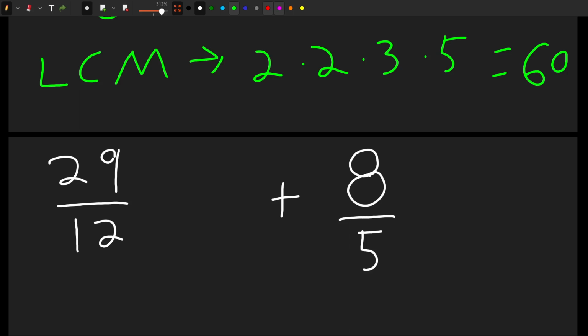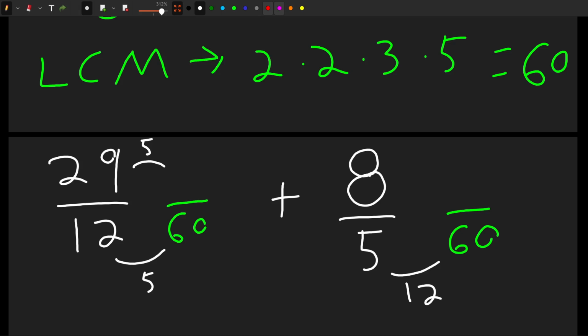All right. So now we just have to know what number we multiply 12 by to get to 60, and what number we multiply 5 by to get to 60. This one is 5, so we're going to multiply the top by 5. This one is 12, so we're going to multiply this top by 12.